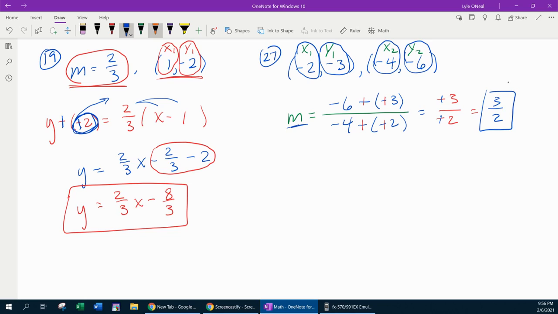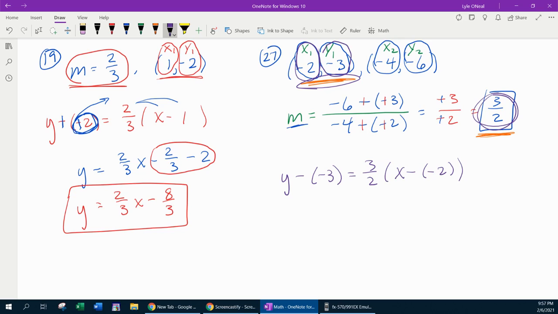And now what I want you to notice at this point, we now have a point and the slope, and I can use point-slope form. And that's going to be y minus y1 equals m(x minus x1).